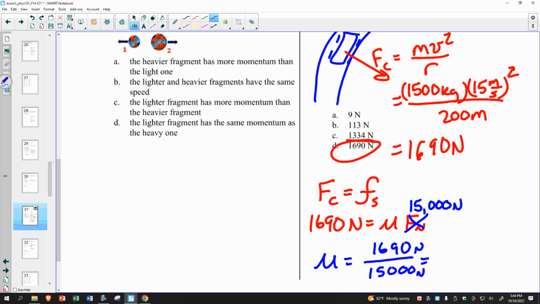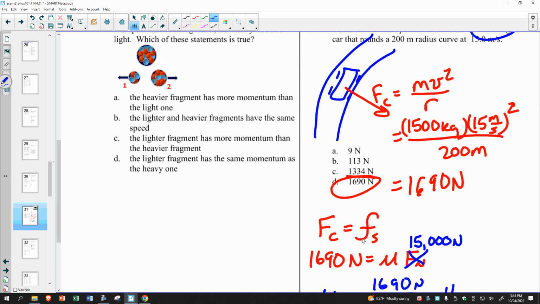That's the centripetal force divided by the normal force. And I didn't ask that in this question, but I have asked it in other questions. And that's equal to 0.11, my coefficient of static friction between the road and the tire. So I would expect stuff like that on your exam come Wednesday. Okay?